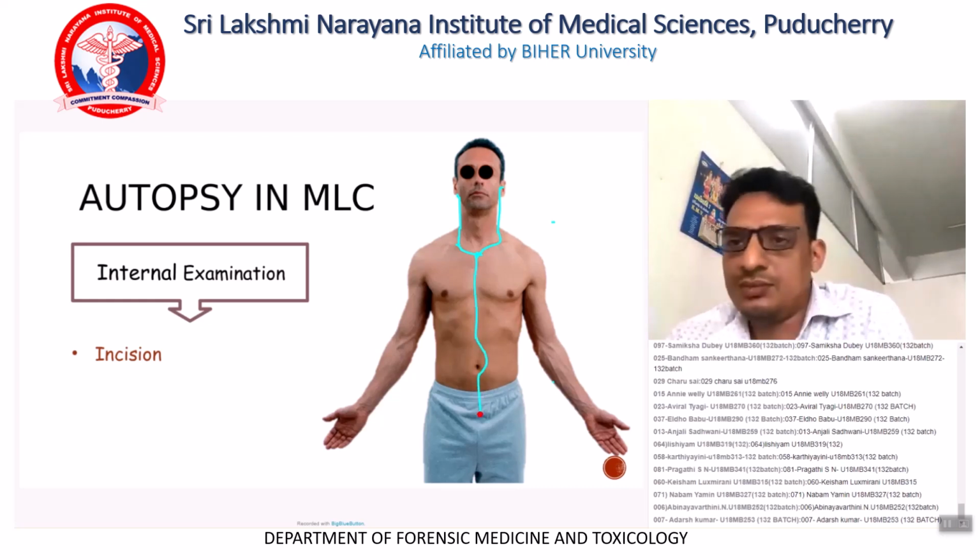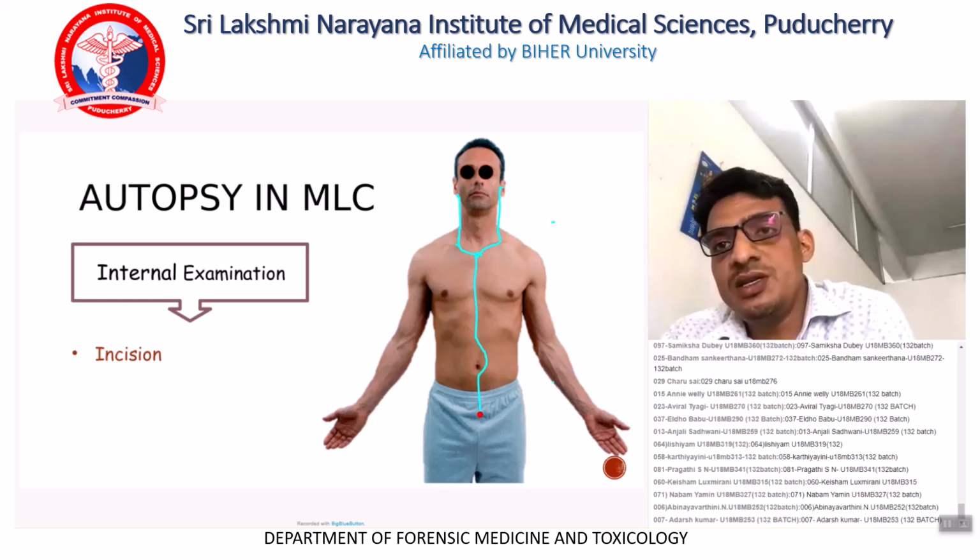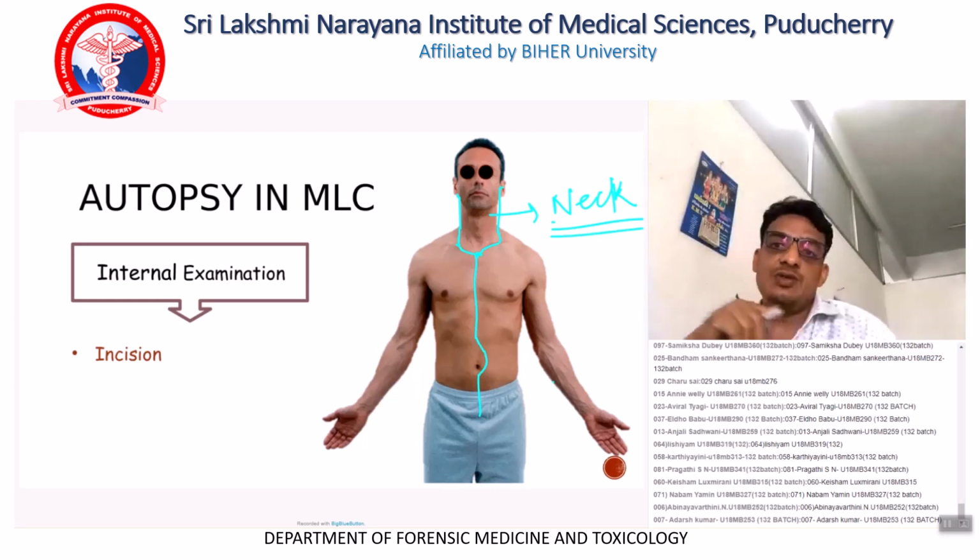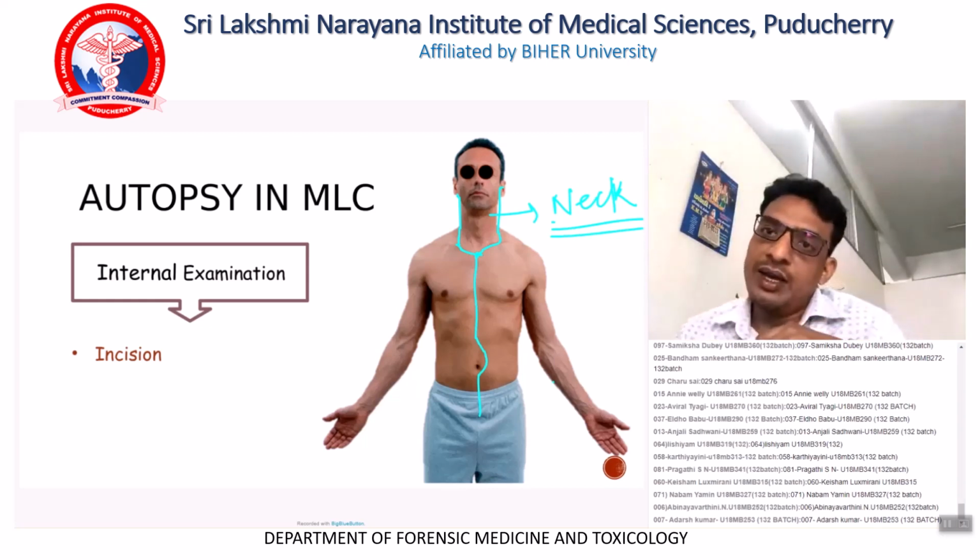This incision is very good for neck exploration, when we suspect a case of neck trauma. There could have been a case of throttling or strangulation. Then we go with extensive dissection of the neck.